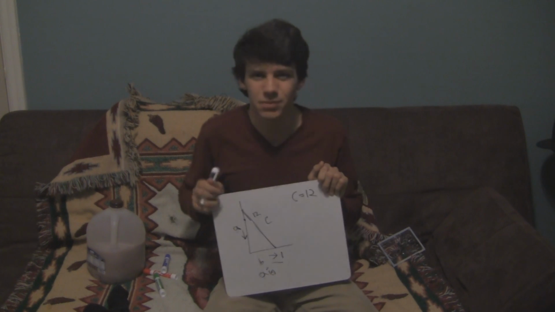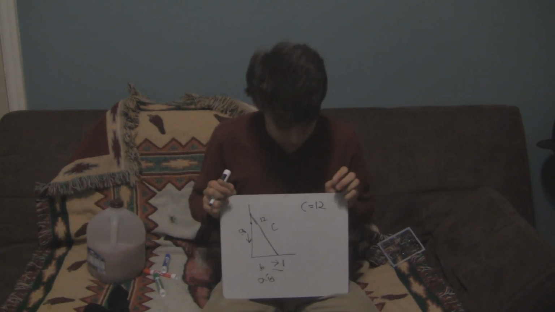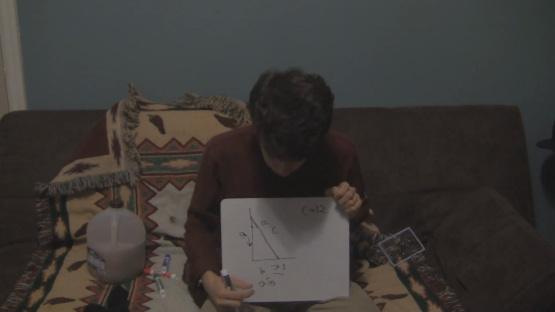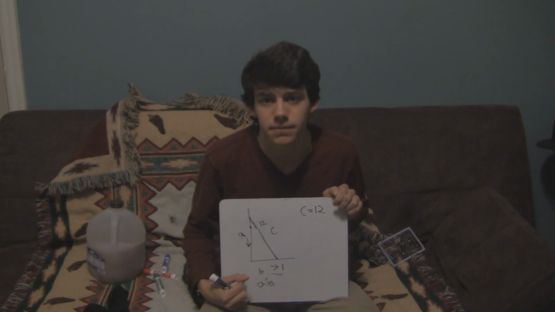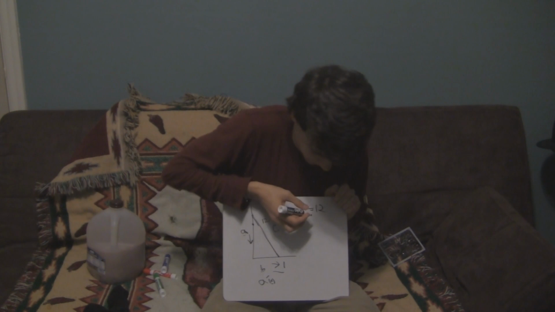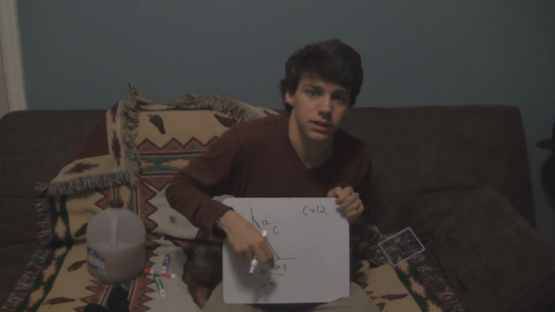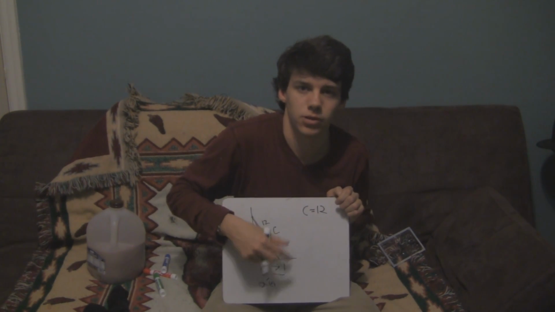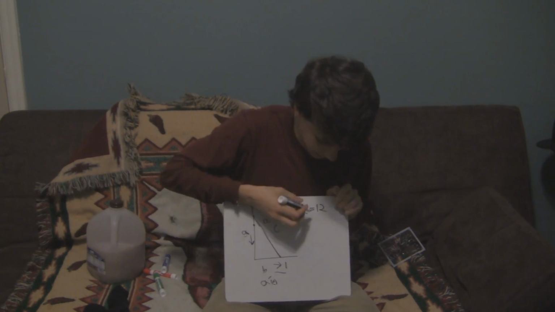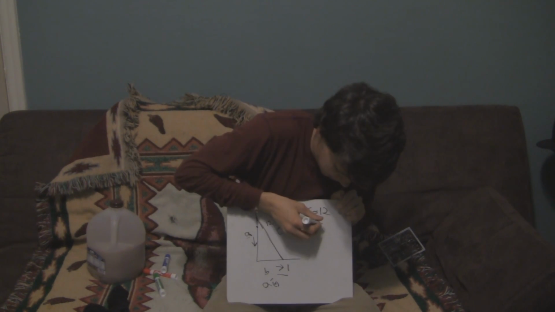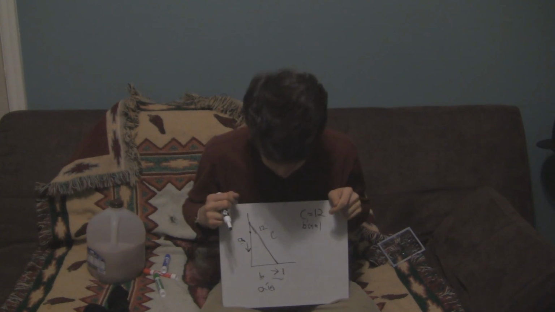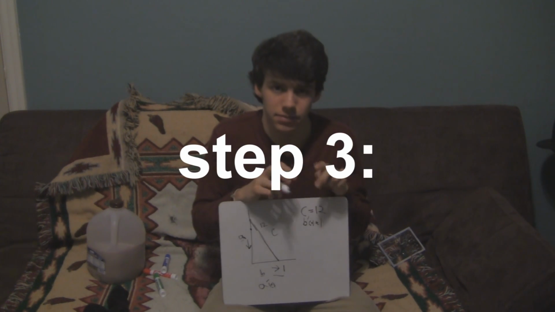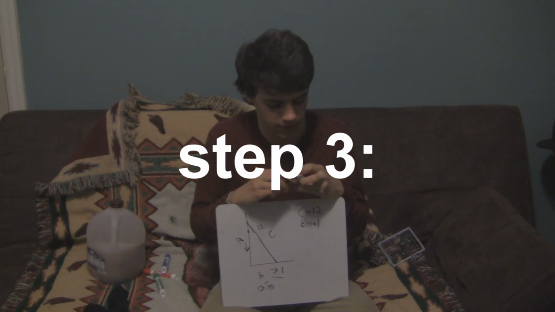C equals 12. Wow, I'm getting better at this writing upside down thing. And well, you don't know what B is actually, but you know what B prime is. B prime, or how fast the floor position is moving, equals 1.